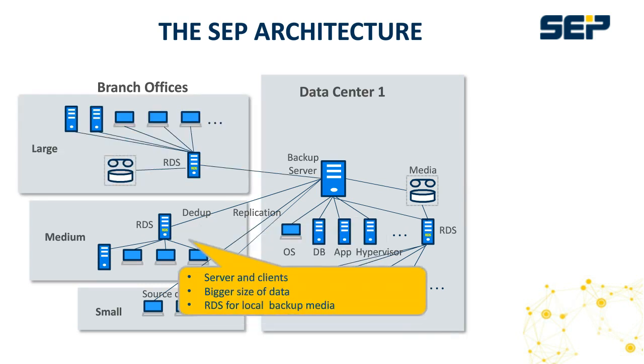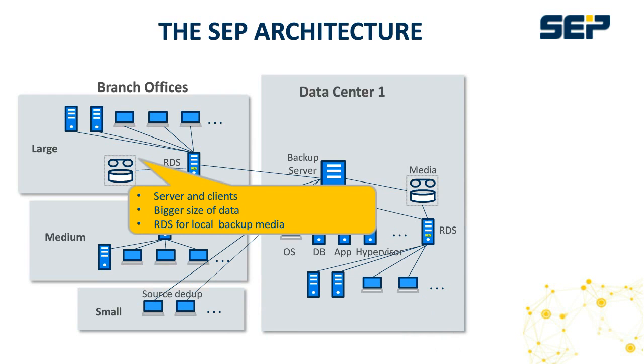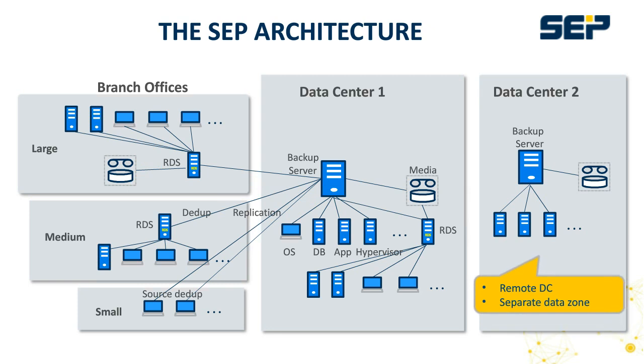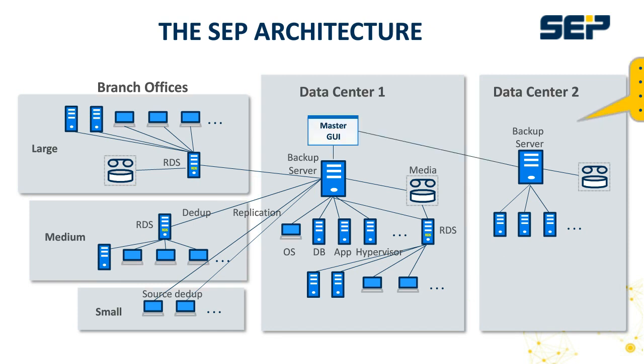And for large branches, we can use the RDS with an on-prem backup, and afterwards create a second copy as an example with a replication to the data center. Last but not least, we are also able, of course, to do mirroring, to do a cross-replication in between two data centers for business continuity purposes, and therefore we are also able to combine different sesam servers with a master control system, the so-called master user interface.